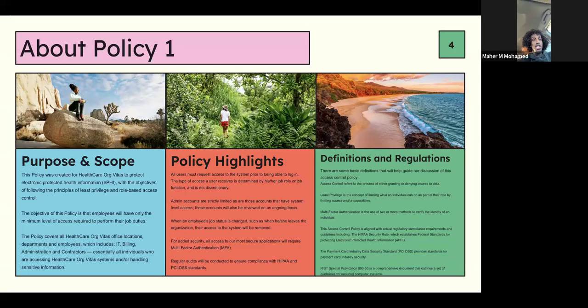This access control policy is aligned with actual regulatory compliance requirements and guidelines, including the HIPAA Security Rule, which establishes federal standards for protecting electronic protected health information, and the Payment Card Industry Data Security Standard, or PCI DSS, which provides standards for payment and card industry security. And NIST Special Publication 800-53 is a comprehensive document that outlines a set of guidelines for securing computer systems.